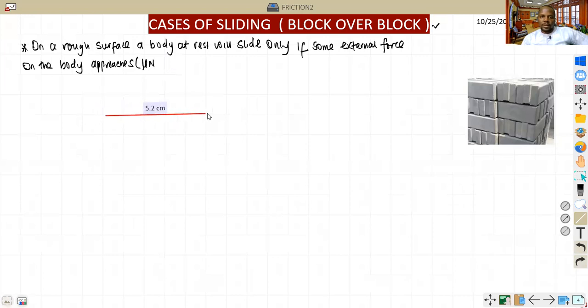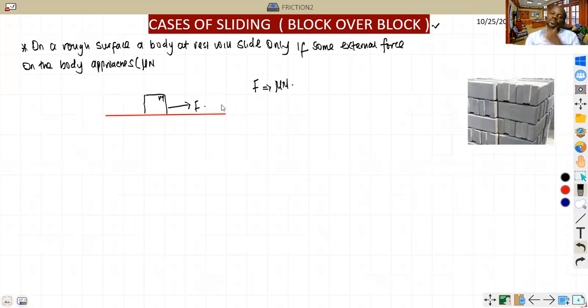This is a block of mass, capital M. It's being dragged by a force, F, as you can see. Now this body will start moving, undergoing kinetic friction, when the value of the force acting on the body is approaching the frictional force formula, which is mu n.